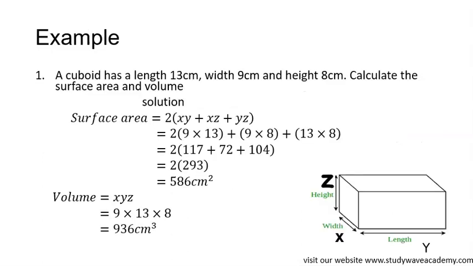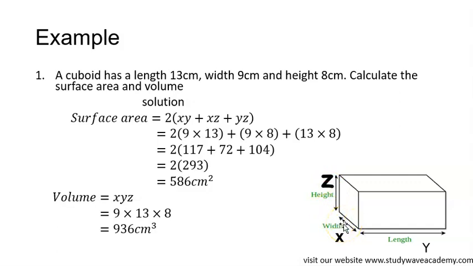Number one, we have a cuboid that has a length of 13 centimeter, width 9 centimeter, and height 8 centimeter. Calculate the surface area and the volume. So the length of the cuboid is 13 centimeter and the height is 8 centimeter, then the width is 9 centimeter.